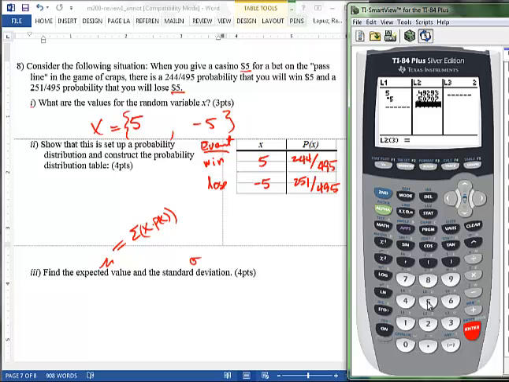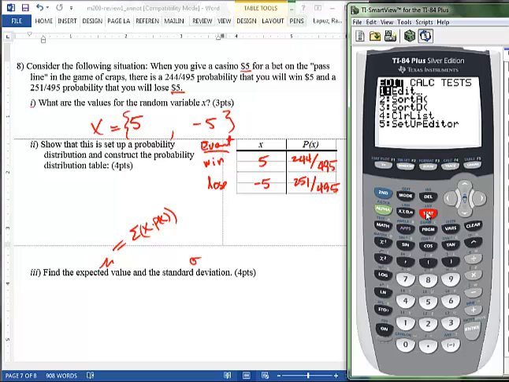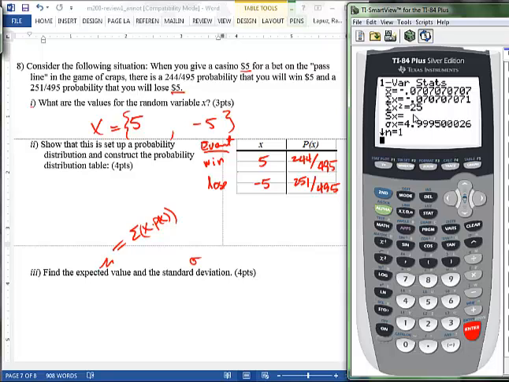To find the mean and standard deviation, let's quit out of this, and we simply do one var stats. So stat, calc, one var stats, and this time we're going to do L1, comma, we need to get L2 involved here, comma L2. If you press enter, you see something interesting in the standard deviation, in that the sample standard deviation is not computed.